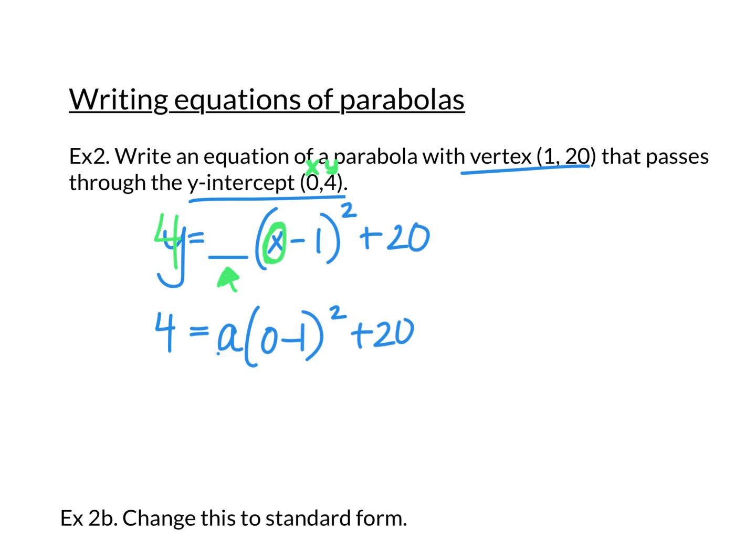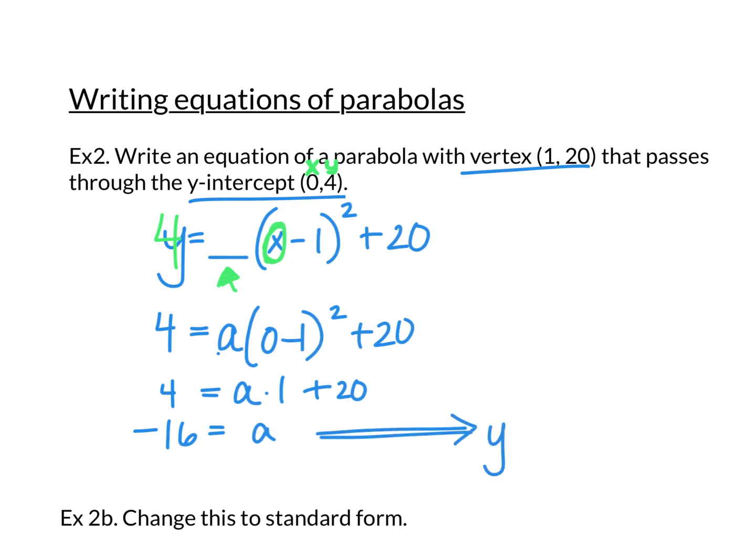If we work this out, (0 minus 1) squared is just 1. So a times 1 plus 20 equals 4. Subtract 20 from both sides and we get negative 16. Divide by 1, so a is negative 16, which leads me to the equation y equals negative 16 (x minus 1) squared plus 20.